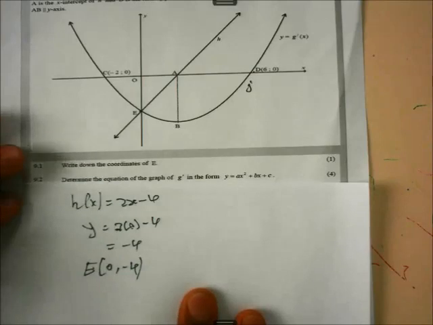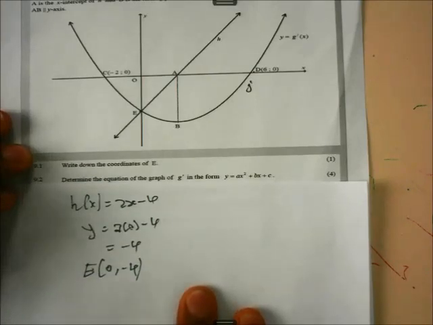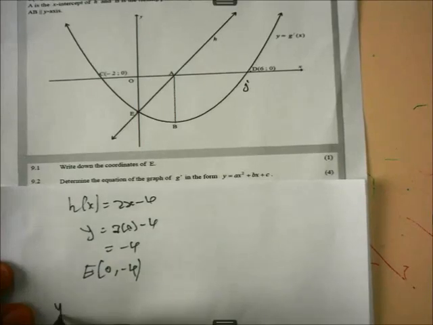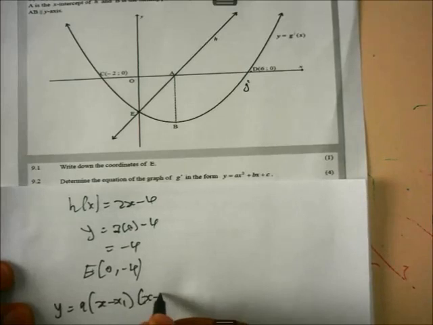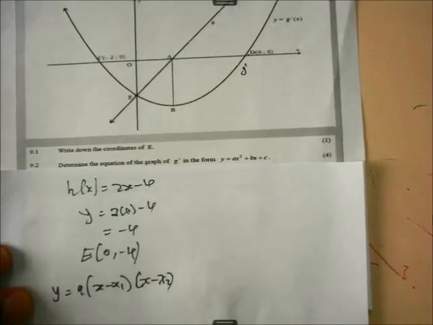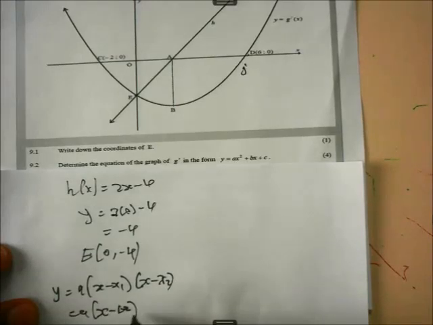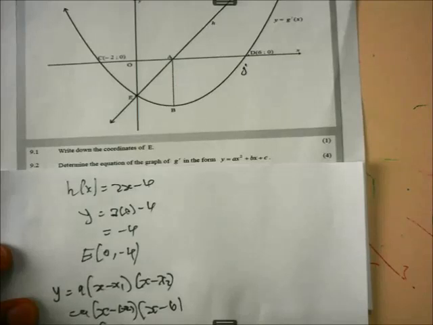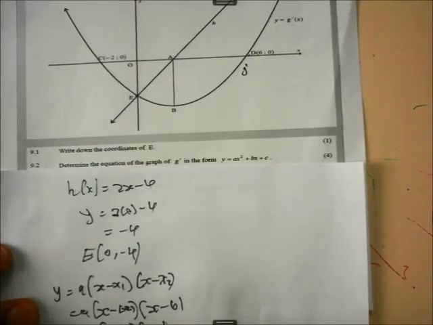But when I look at this information here, we are given the x-intercept. It means now I will say y is equal to a into x minus x1 and x minus x2, right? Now we substitute to say this will be x plus 2 and x minus 6, right?